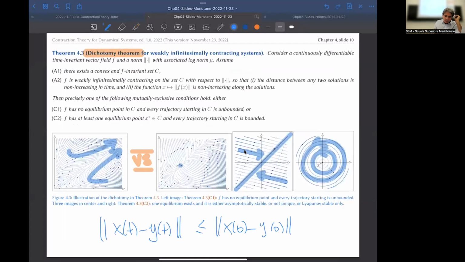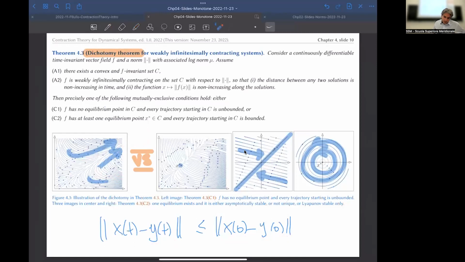Suppose I tell you that you have one trajectory that goes to infinity. But then every trajectory goes to infinity. Because if my trajectory that goes to infinity is the y trajectory, and I have an initial condition, then when y goes to infinity, it carries every other trajectory with it to infinity because the distance between them cannot increase.